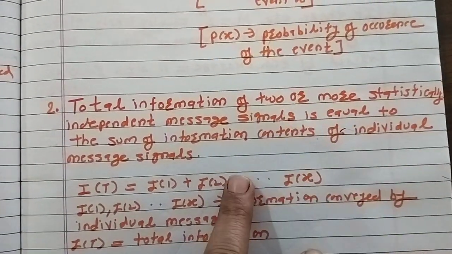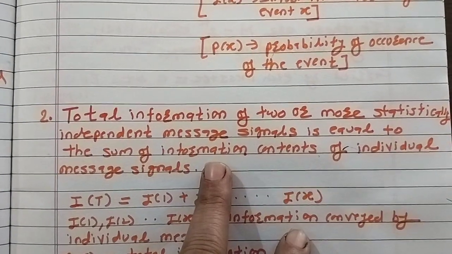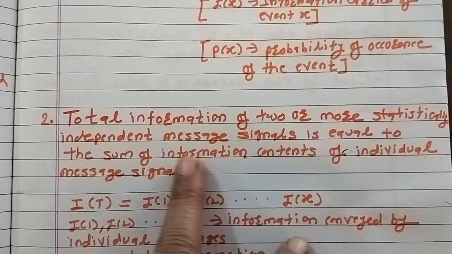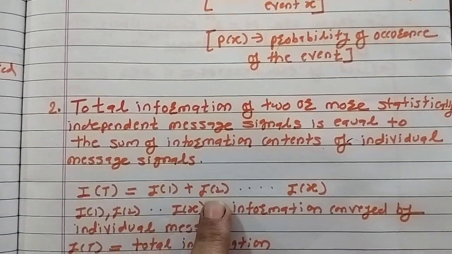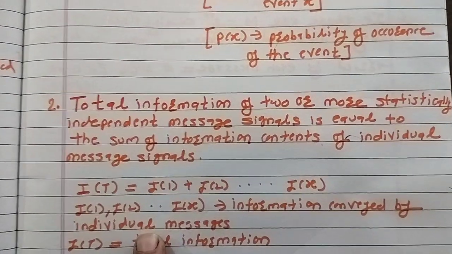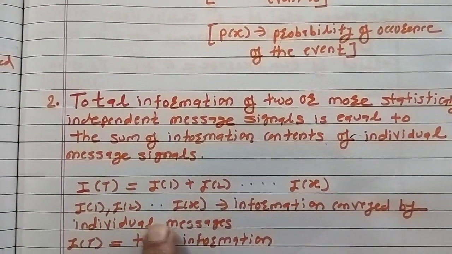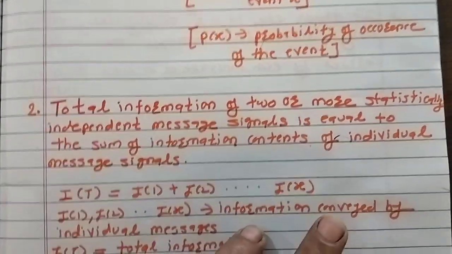Now, why does this happen? Because the probabilities of statistically independent messages are going to be multiplied, and in the log operation that multiplication becomes addition. That's why you get the total information as the addition of individual information.